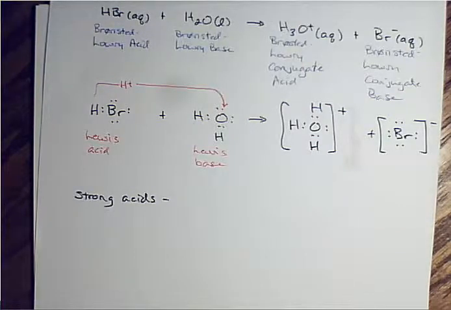Okay? The actual definition of a strong acid in chemistry is an acid or chemical species that has hydrogen ions, and those hydrogen ions dissociate or break off completely. Now the word dissociate is like the word associate, okay?